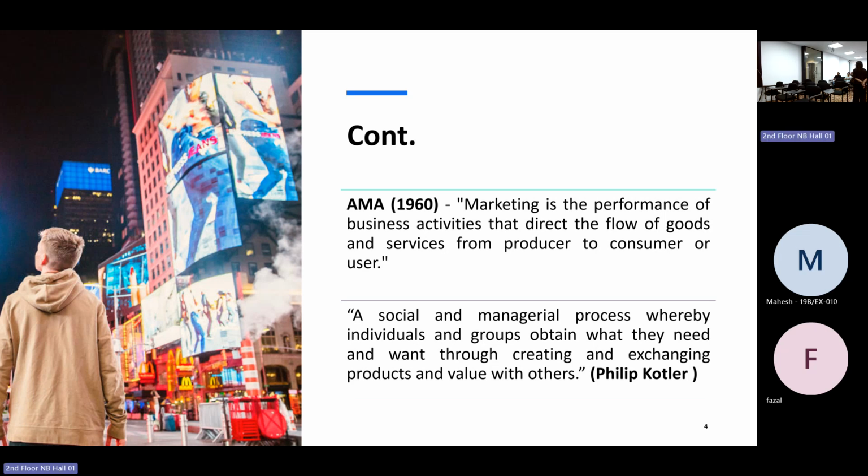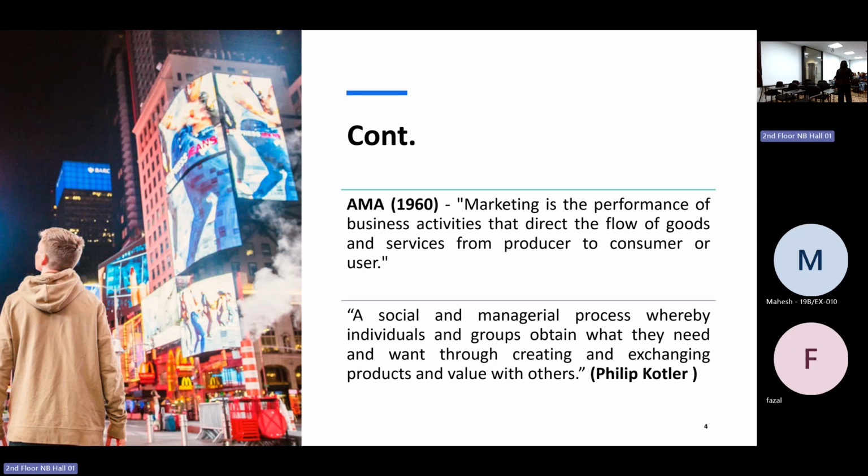Now you have gone through a few definitions. In those definitions, what are the key points that you have identified, which we can say are activities relevant to marketing? In the first definition, you have identified key points: satisfying consumers, performance.